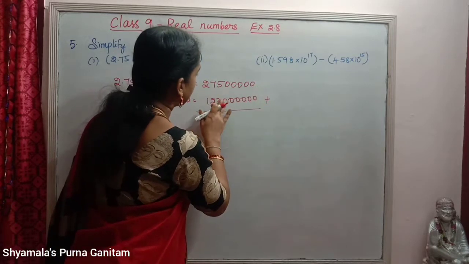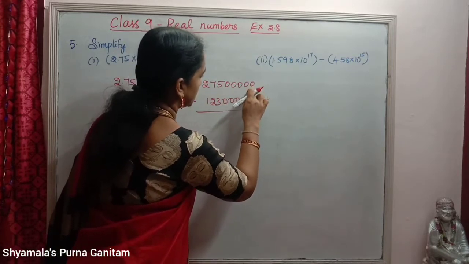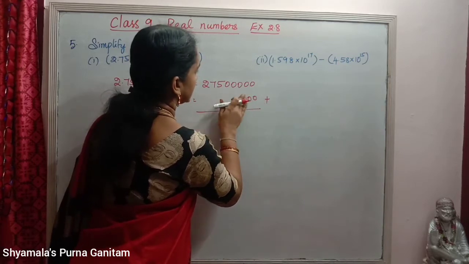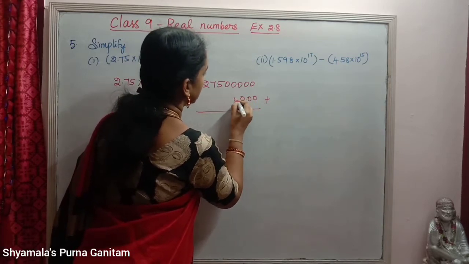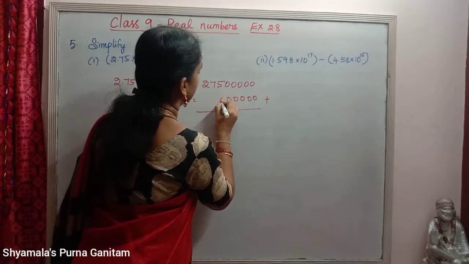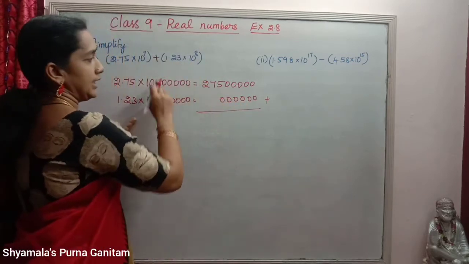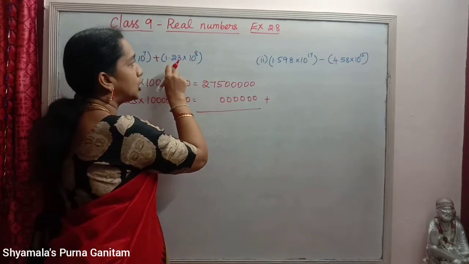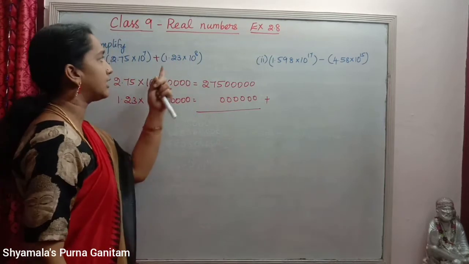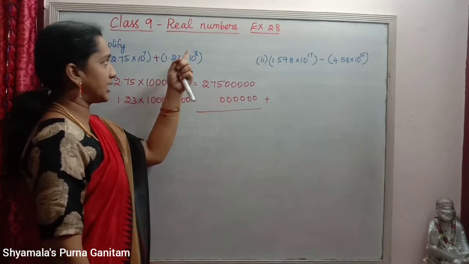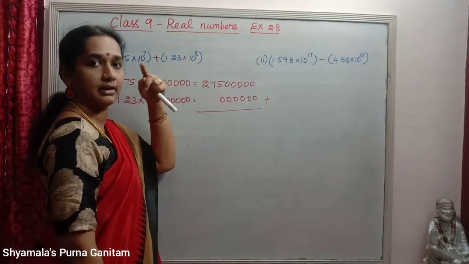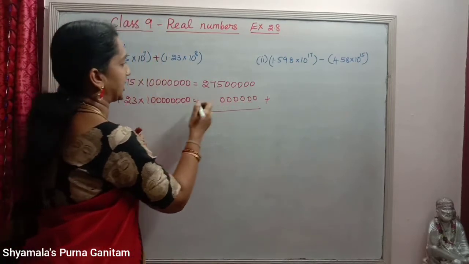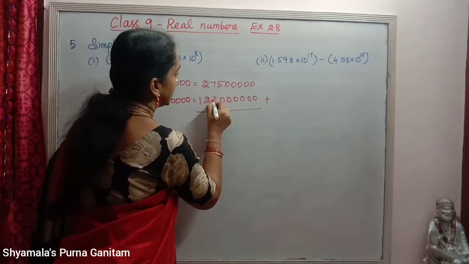We will rewrite this properly, writing it directly below the other number. Then we have to write this 123.